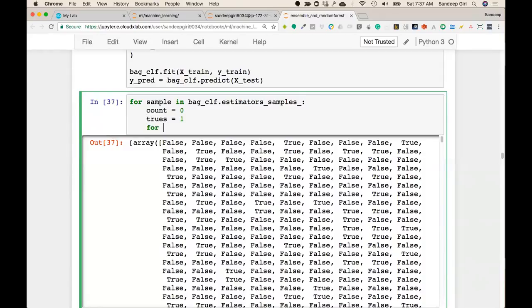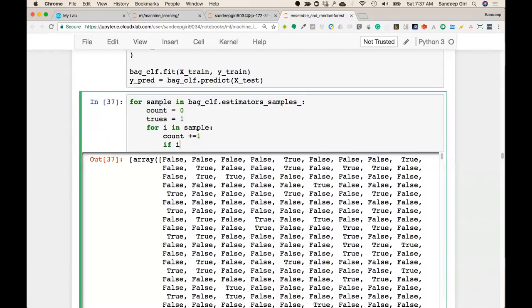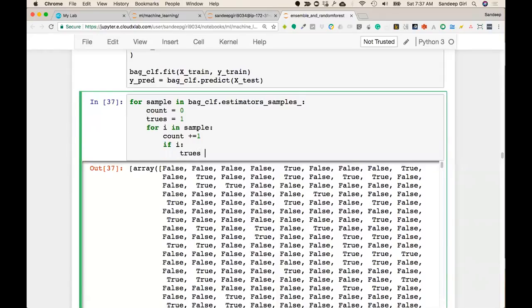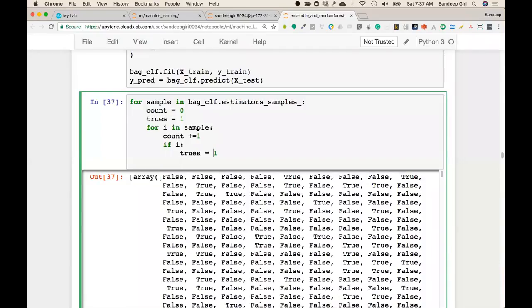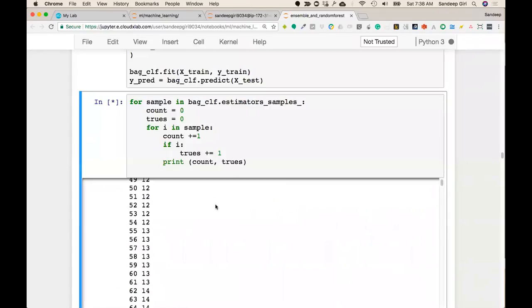For i in sample, we could say count plus equals 1, and if i, then trues plus equals 1, and then we could say print count and trues. Does it make sense? Now actually this is what I should do.